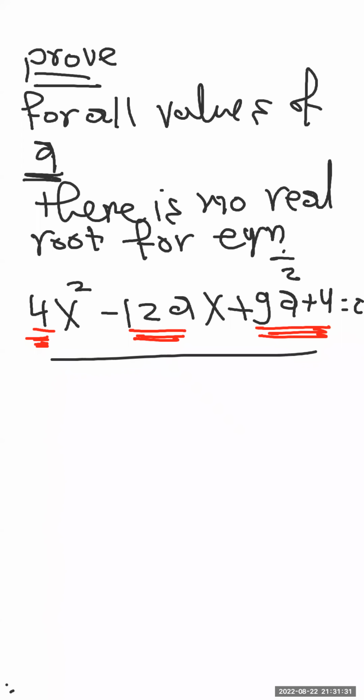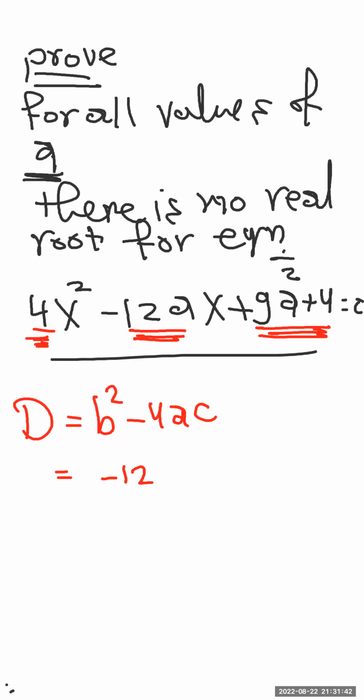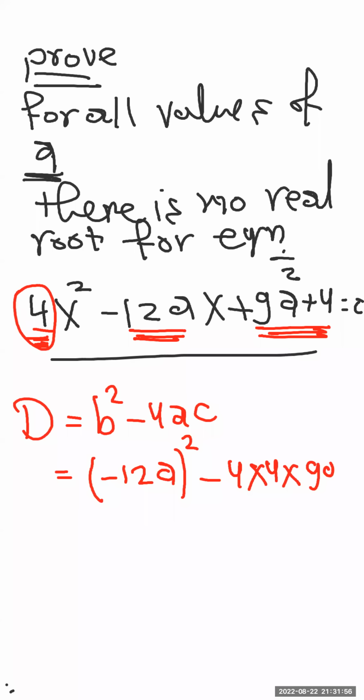So now the discriminant equals b squared minus 4ac, equals negative 12a all to the power 2 minus 4 times a, 4, times c, 9a squared plus 4.